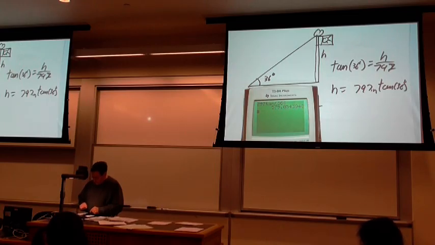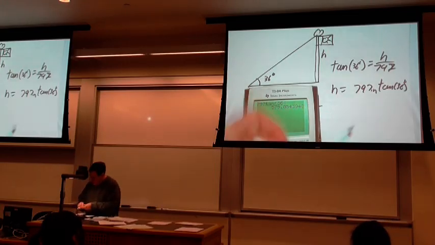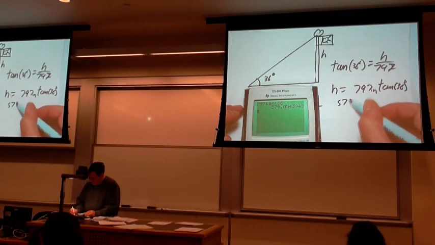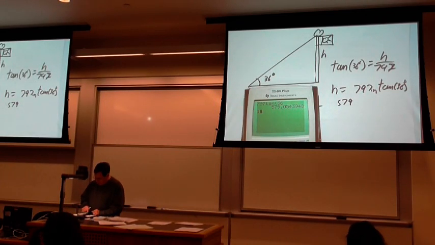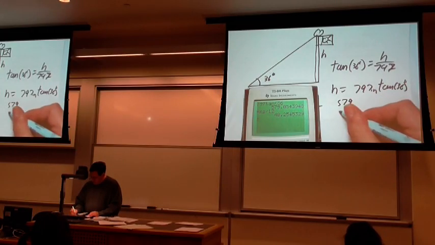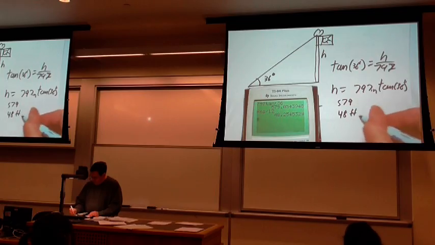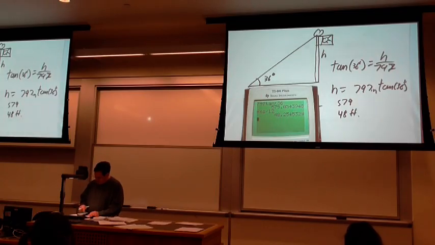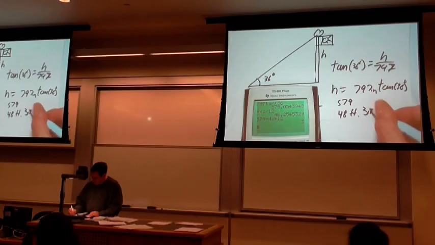So that's 579 inches tall, or if you want feet, divided by 12, so it's going to be 48 feet. And how many inches? So 579 minus 48 times 12 is 3 inches.